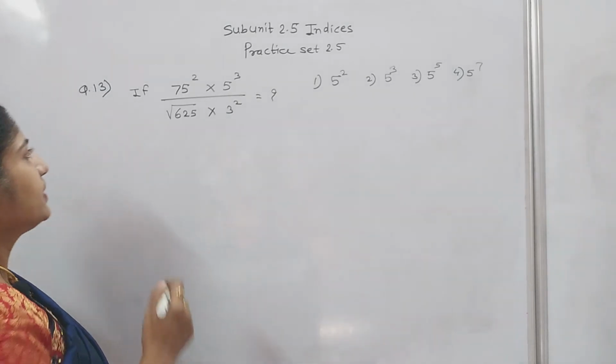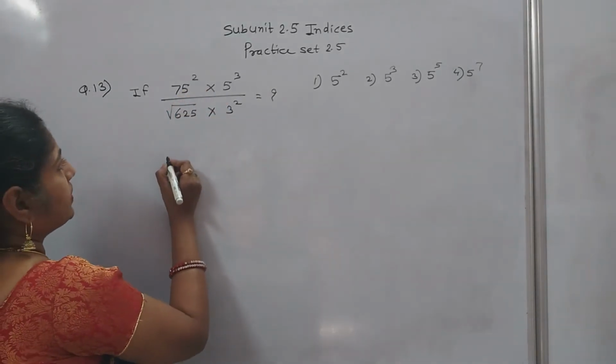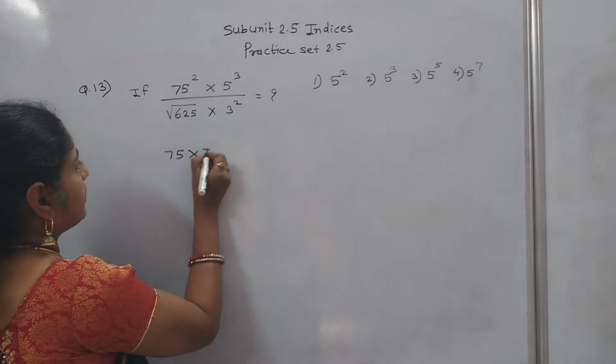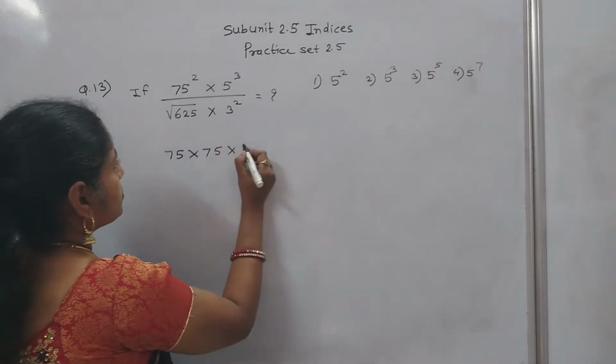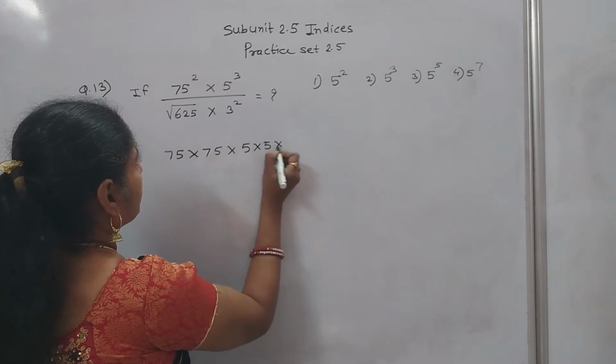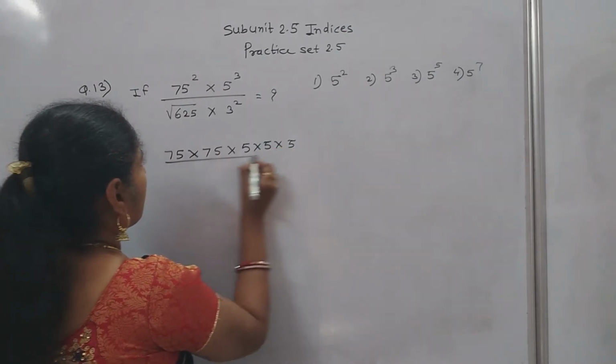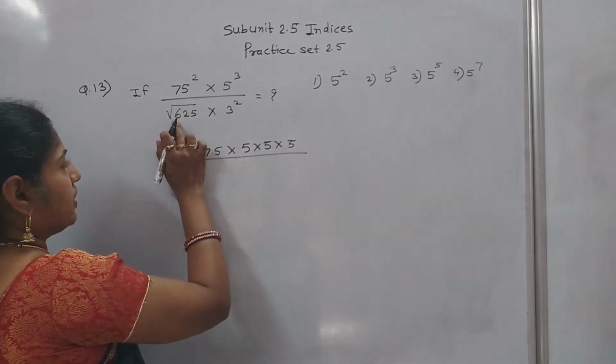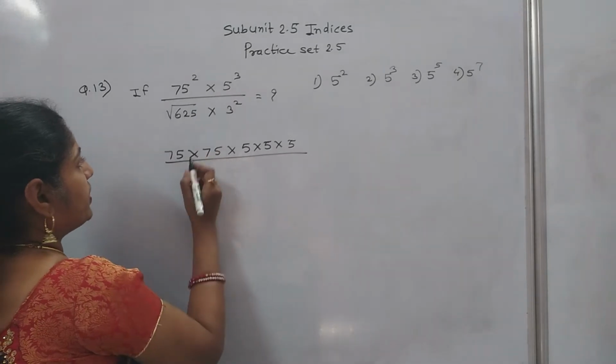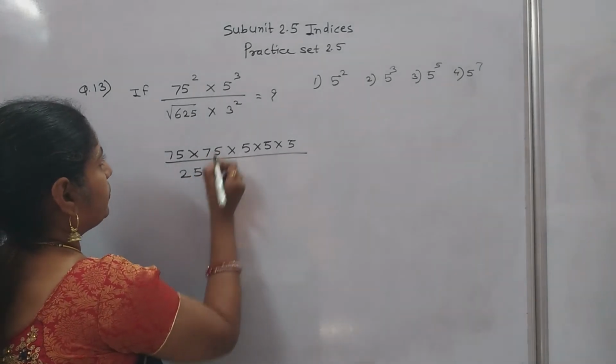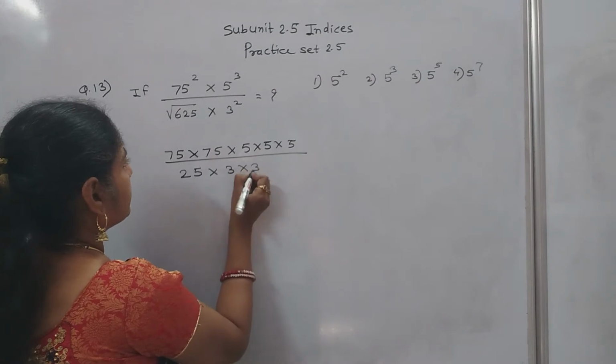Now, next example. 75 square, 75 into 75, into 5 cube, 5 into 5 into 5, under root of 625, that is 25 into 3 square, 3 into 3.